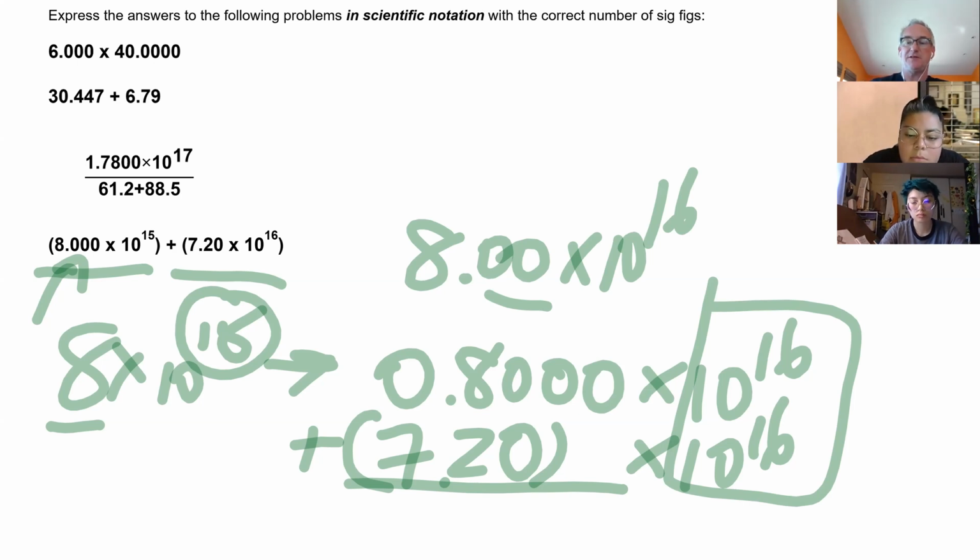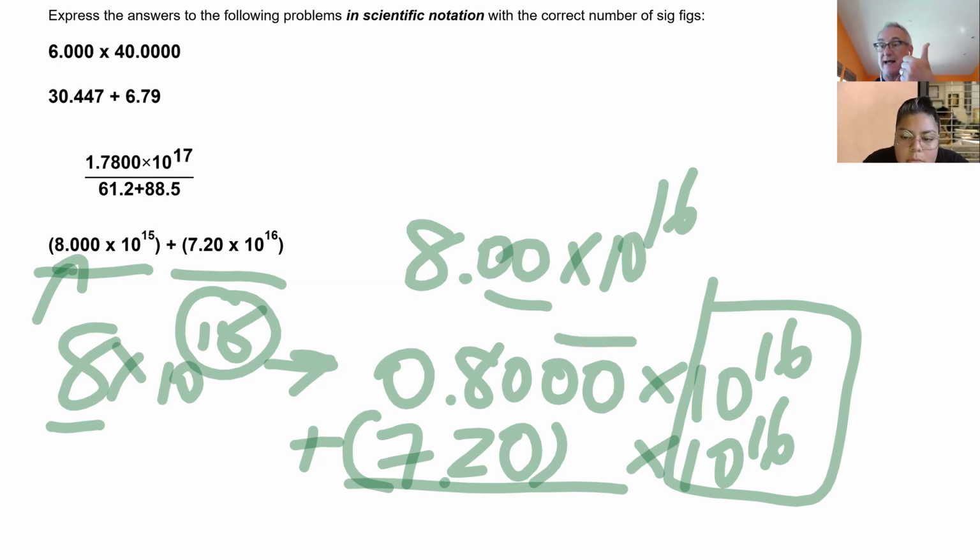Right, but it also means we don't know what these numbers are. With 8.000, we measured those zeros with much more precision than we measured the bottom number.